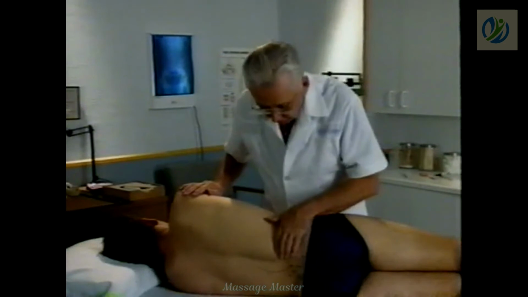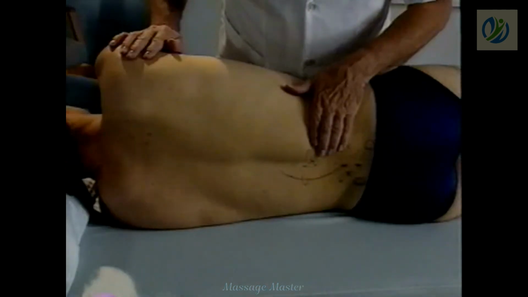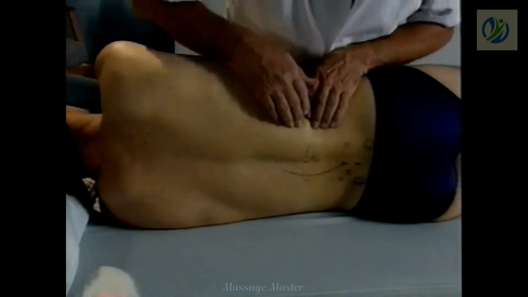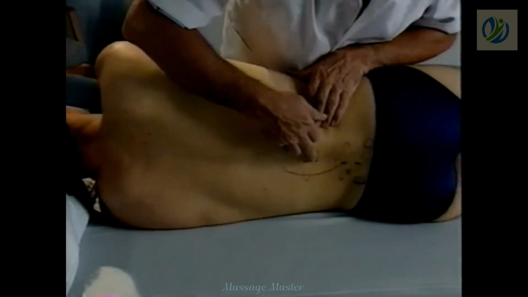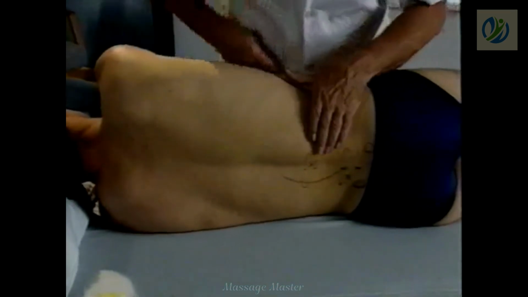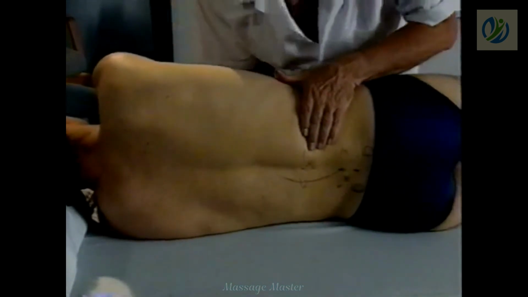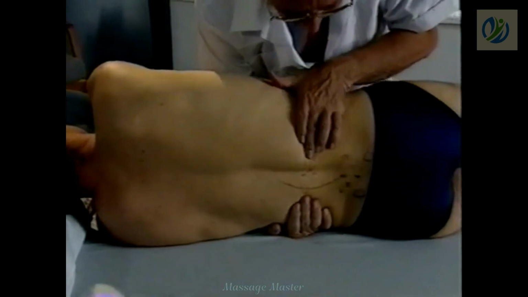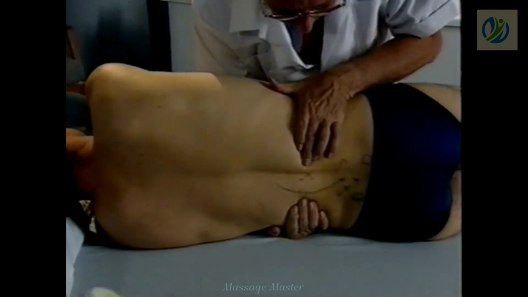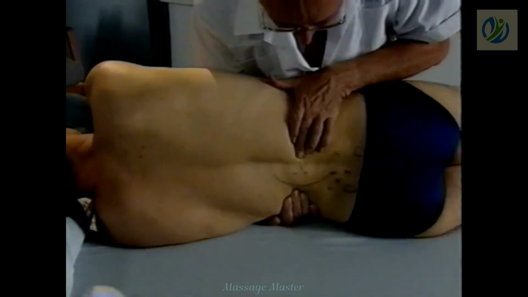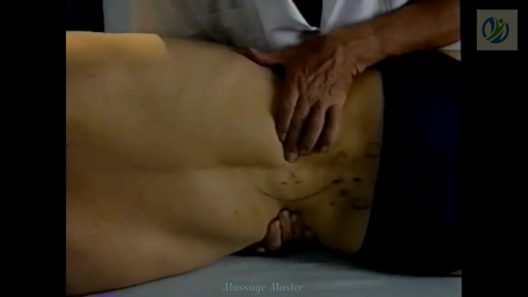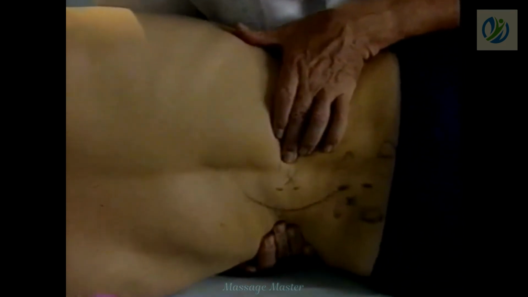Now what we want to do is to enhance extension, right side bending, and right rotation, and to close this facet on the right side. We start by grasping his trunk at that level of dysfunction and translate him from posterior to anterior, introducing extension and localized at that segment.